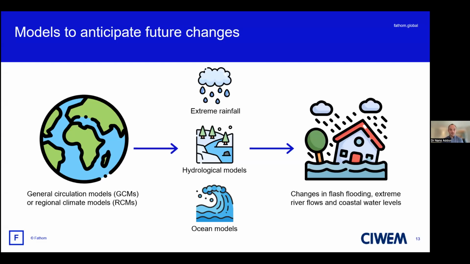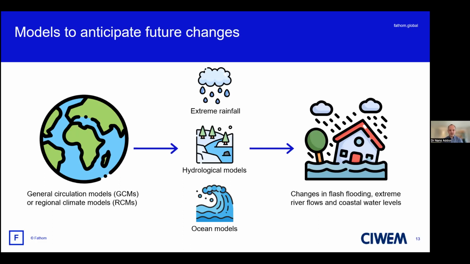Another type of model is called an RCM, a regional climate model, and it only covers a region of the globe, for instance, Europe. And these models are run at much higher resolution because the domain they have to cover is smaller, so it's affordable to run them at higher resolution, and typically their results are more reliable when it comes to extremes. So climate models can be used to look at changes in extreme rainfall.